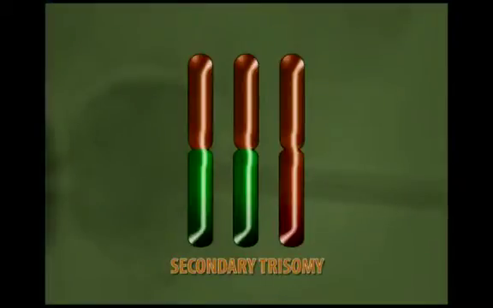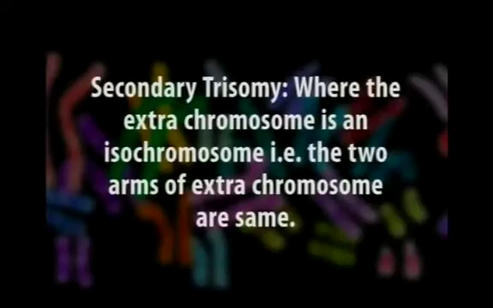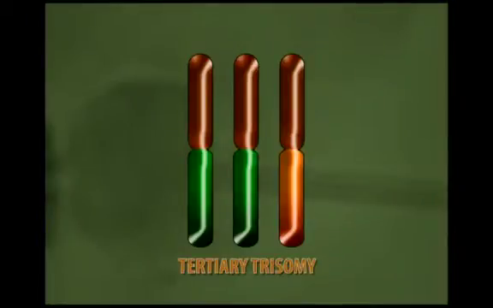Whereas there is secondary trisomy, where the extra chromosome is called an isochromosome, that is, the 2 arms of the chromosome are the same. Then there is another type of trisomy condition, that is tertiary trisomy, where the extra chromosome is a product of translocation. That means the 2 arms of the chromosome belong to 2 different homologous pairs.